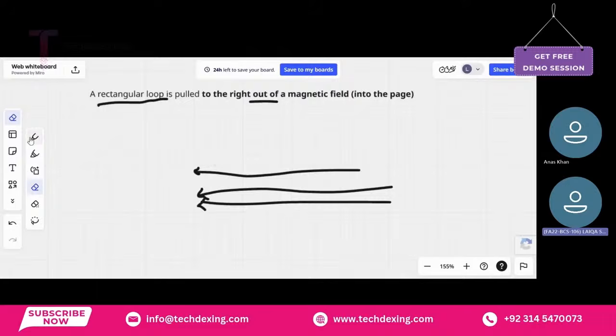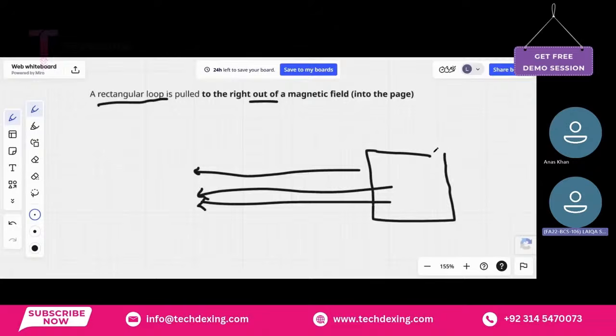So previously it was placed at this point, but after that I started moving it away, and after some time I move it over here. It means that I have moved it away from the magnetic field which was going into the page.